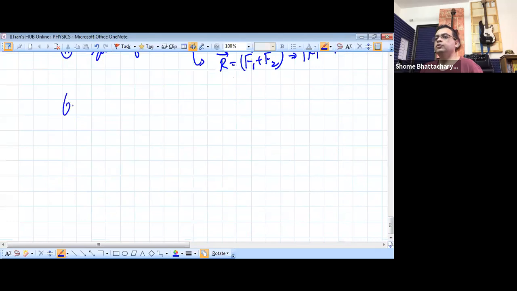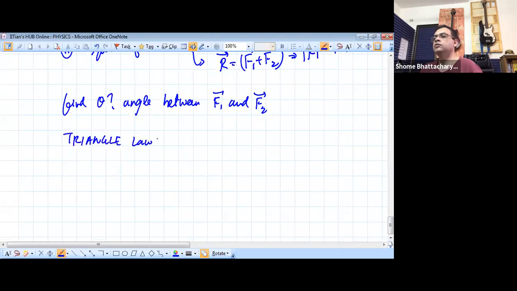So we have to find theta, that is the angle between F1 and F2. So just use the statement of triangle law. So triangle law, what is the statement? That the magnitude of the resultant, that is mod of F1 plus F2, is given to us as what?